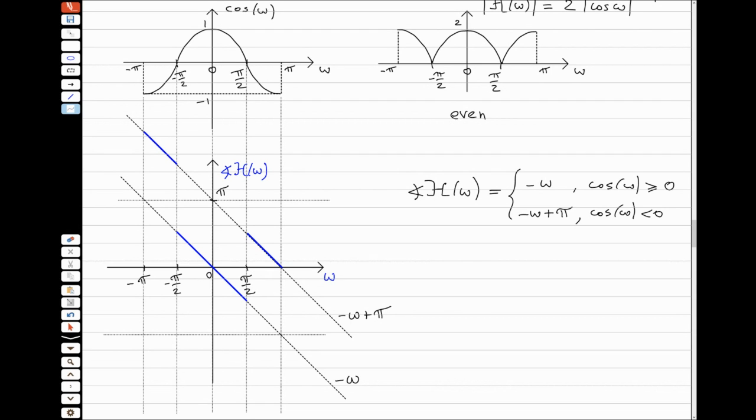Symmetry about the point 0. This part is odd. But what is the symmetry of this point? It's here. The symmetry of this point is here. This is not odd. 2 pi down. Yes, right.